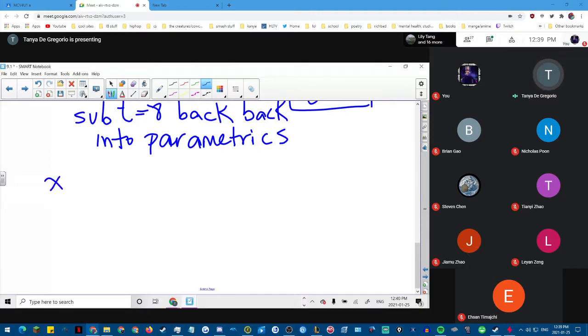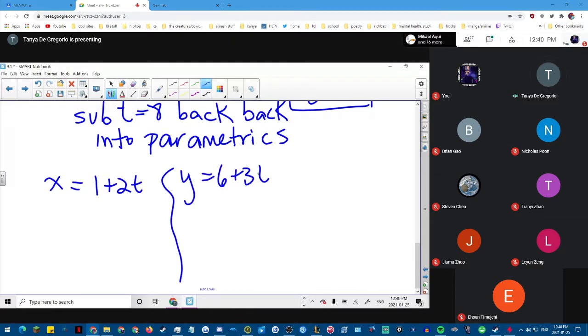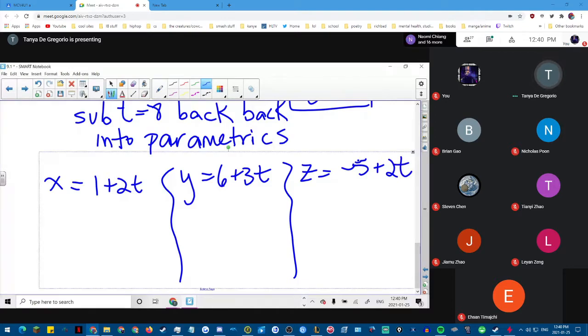And so now I had x equals 1 plus 2t, and z equals negative 5 plus 2t.